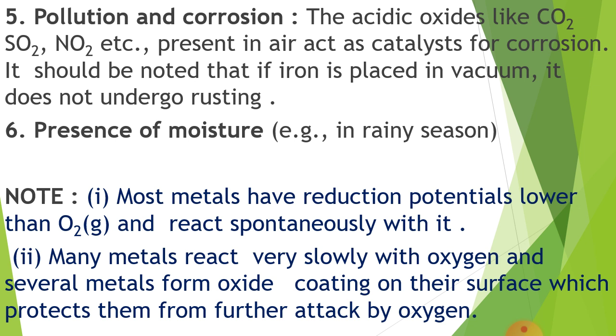Second, many metals react very slowly with oxygen and several metals form an oxide coating on their surface which protects them from further attack by oxygen. For example, aluminum containers do not corrode easily because of the deposition of a layer of Al2O3 on the container.